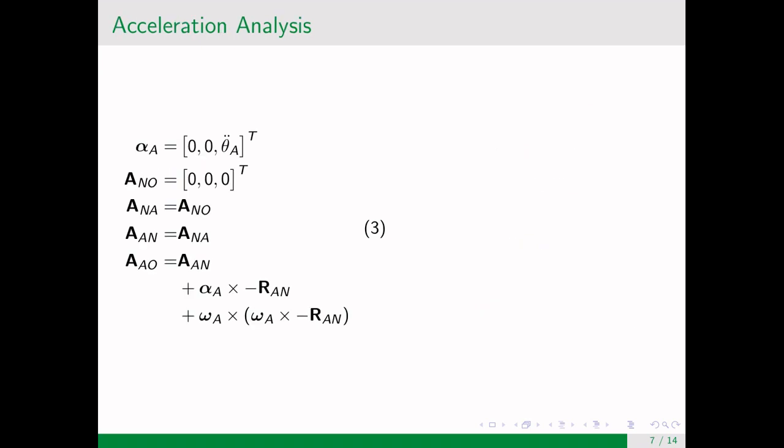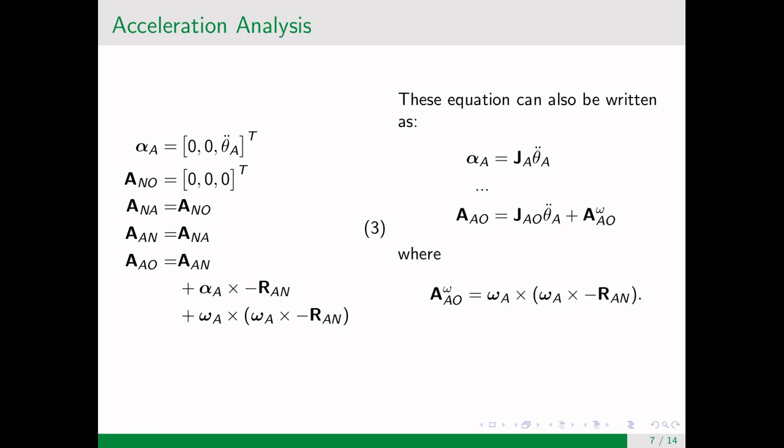Next step is acceleration analysis. We have alpha as 0, 0, theta A double dot. Alpha is not known, theta A double dot is not known at any given step, and you have equations for the accelerations as shown in the slide. Just like velocities, accelerations also can be written in terms of the Jacobian and an additional component.